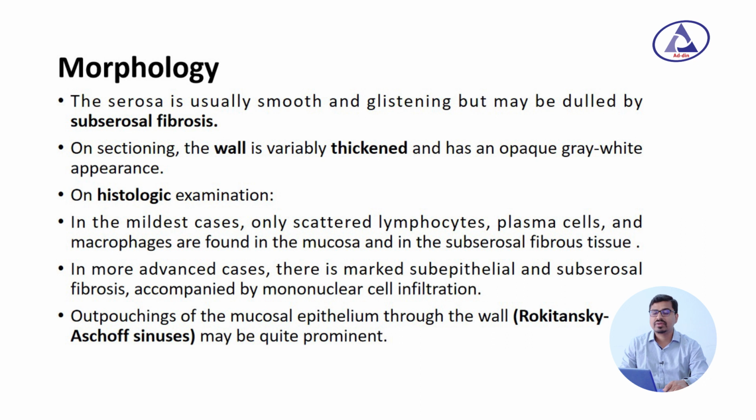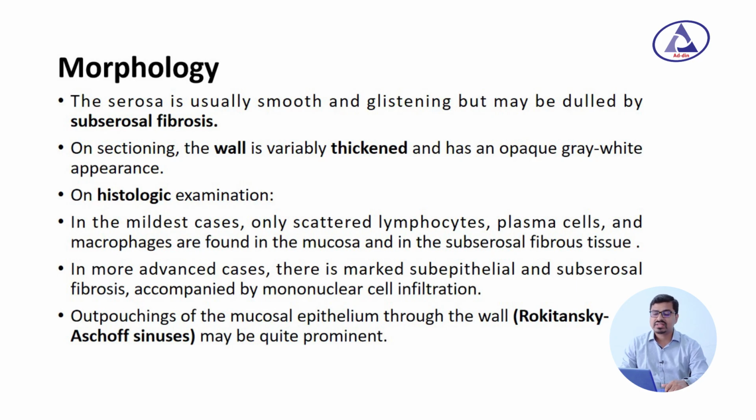Now, morphology. The serosa is usually smooth and glistening, but may be dulled by subserosal fibrosis. On sectioning, the wall is variably thickened and has an opaque grey white appearance. On histologic examination, in the mildest cases, only scattered lymphocytes, plasma cells and macrophages are found in the mucosa and in the subserosal fibrous tissue.